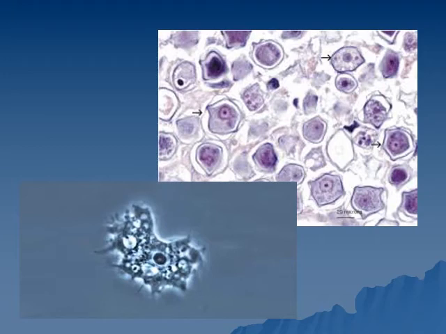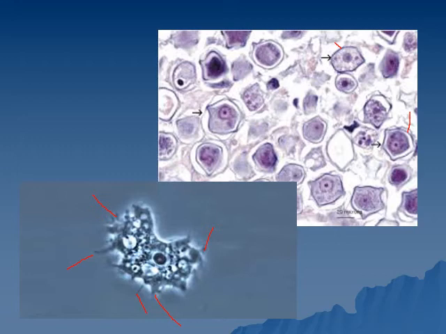Here is a picture of the trophozoite of Acanthamoeba with the acanthopodia coming from the cytoplasm like this. Here is cross-section from tissues showing the cyst of Acanthamoeba.